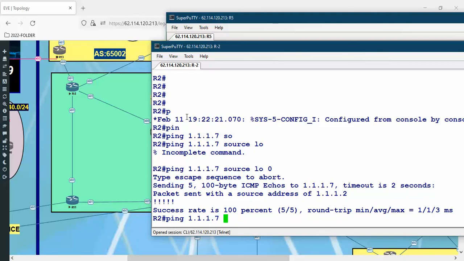Do we have a successful ping or not? Question for you guys. I don't think so, because you won't know the IP of the outgoing interface when you come to reply.